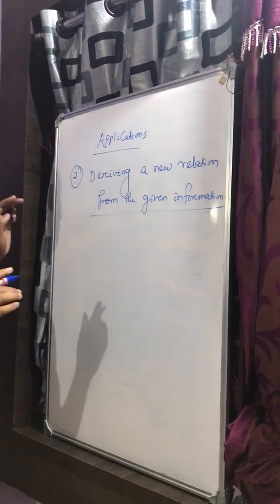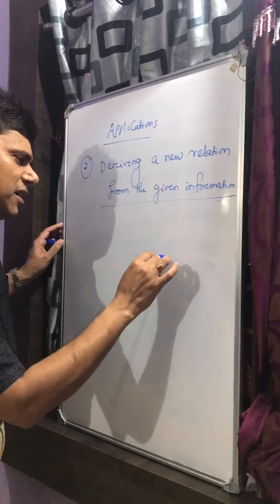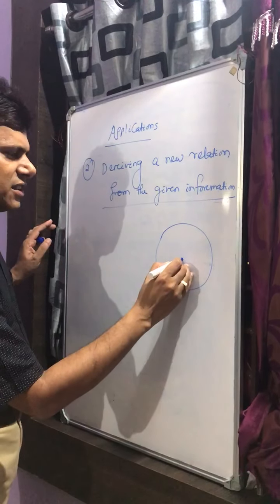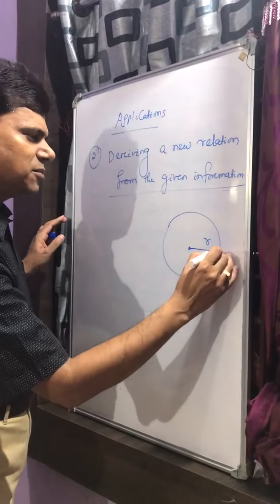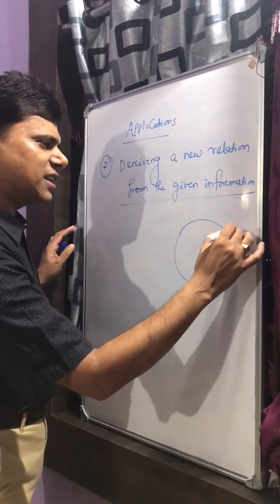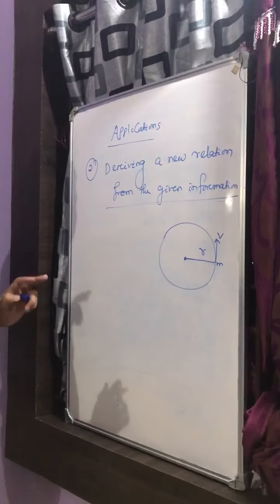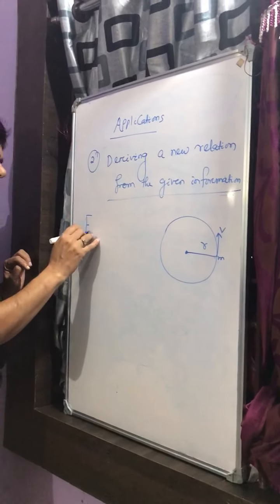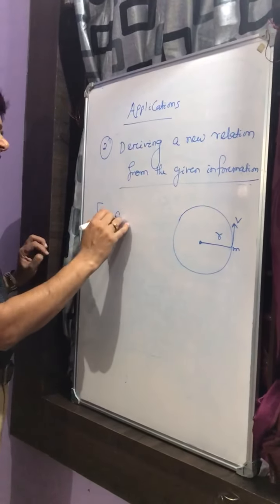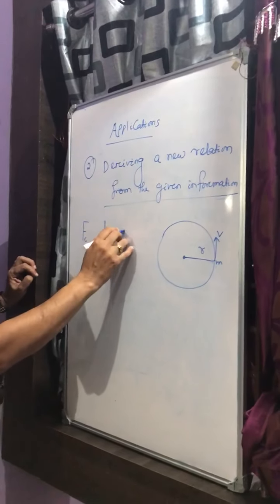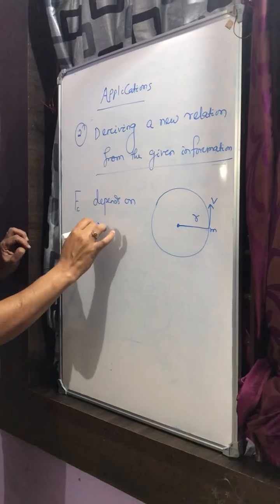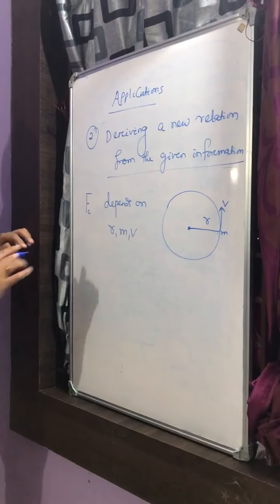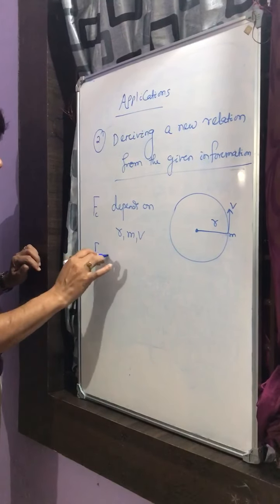You see, suppose we are given that a body is moving in a circular path, and its radius is r, the mass of the body is m, it is, let us say, moving with a velocity v. We are told that the centripetal force Fc depends on radius, mass and velocity. So now we are asked to find out the expression for Fc.